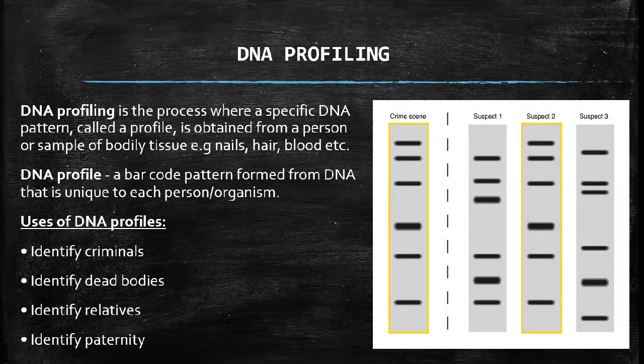So here, they want to find a certain DNA pattern for a particular person. Because remember, each and every person has a unique DNA. My DNA is not similar to my brother's DNA, even though we are from the same parents, but that doesn't mean we have the same DNA.